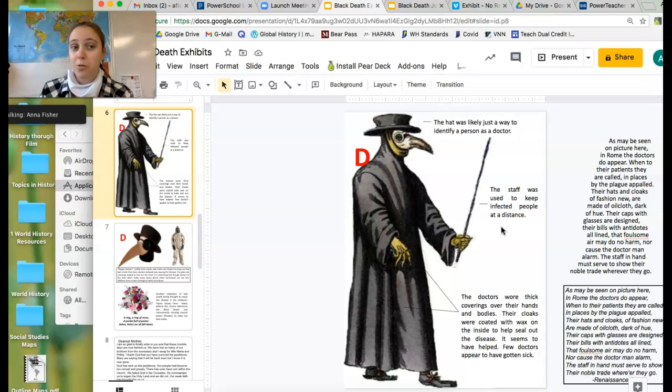So if somebody got too close to a plague doctor, they just bam, and they'd hit them with it. They'd have a top hat, which was part of identifying who was this plague doctor. And then they'd have their plague mask along with goggles.